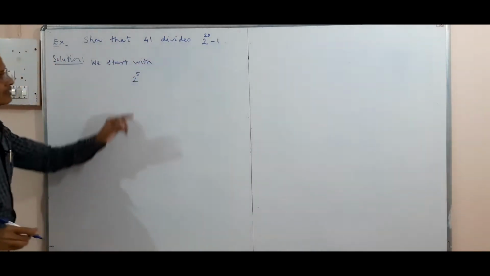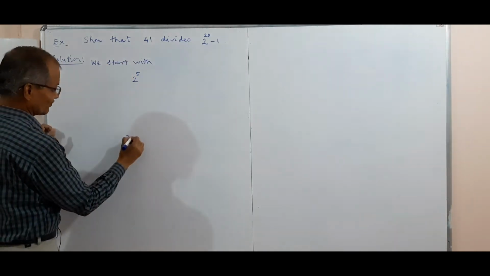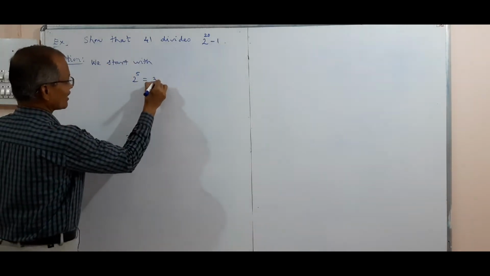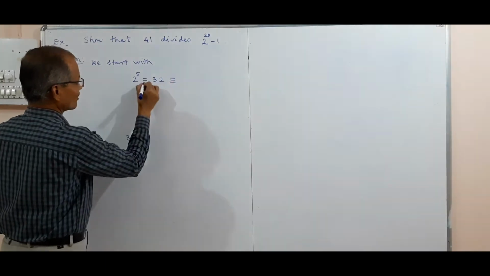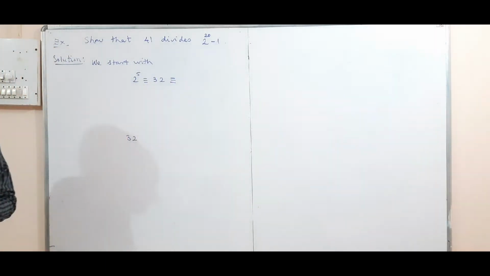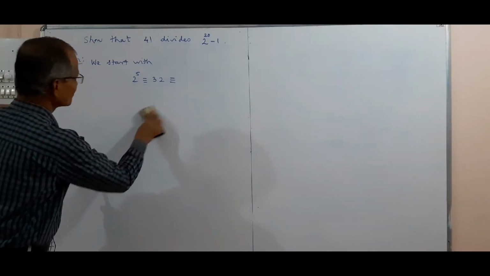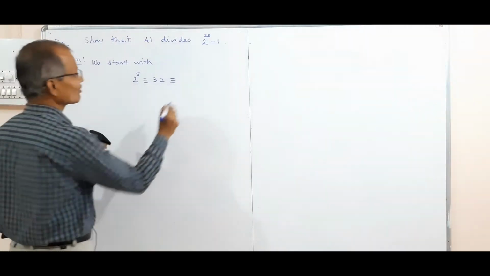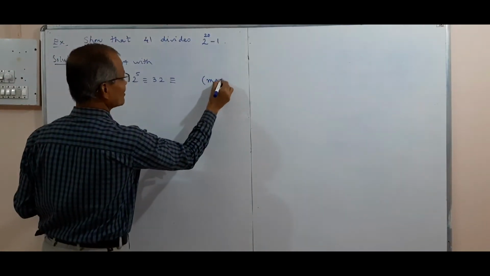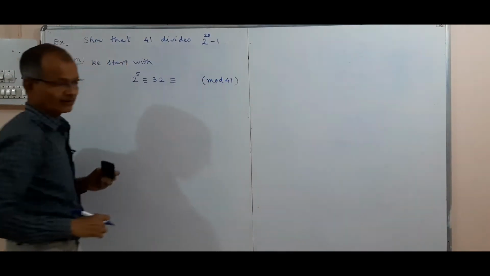That number is 32, and whenever there is equality, we can write congruence, so 2 raised to 5 is congruent to 32, and 32 is congruent to which number under mod 41, that we shall decide.